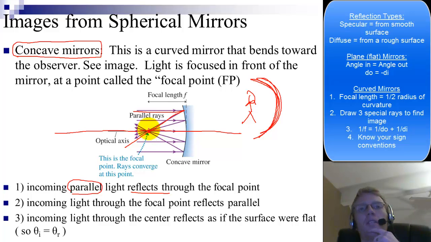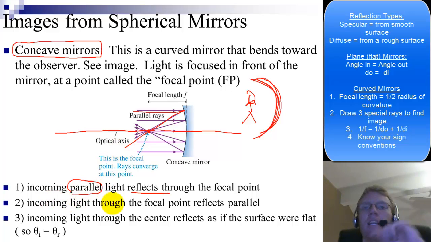Okay? And the focal point is located a distance away from the mirror based on the curvature of the mirror, and that's a physical property of the geometry of the mirror. So when you buy a curved mirror, you know the focal point. It's given to you. It's part of the curvature of the mirror, and I have a slide for that in a second. Okay, so incoming parallel light goes out through the focal point.